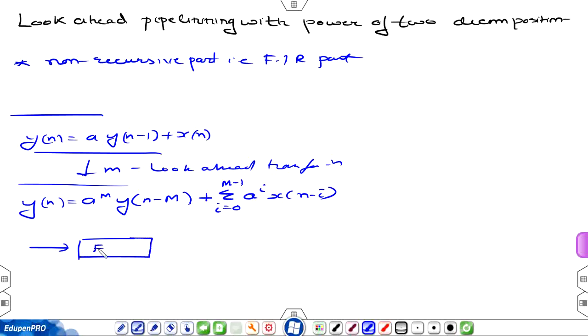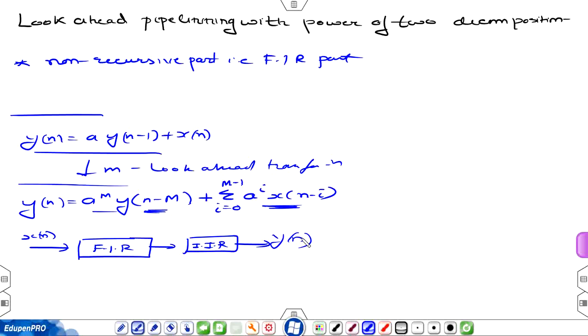First is a non-recursive part, that is the FIR part, represented by this term, and then the IIR part, this equation. So input is x(n), output is y(n).